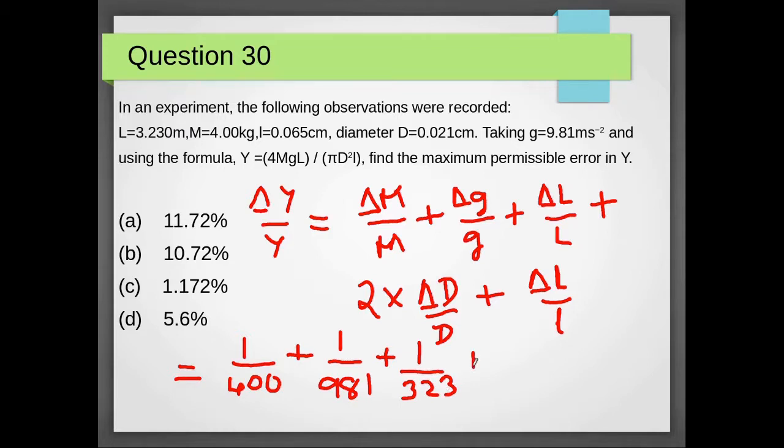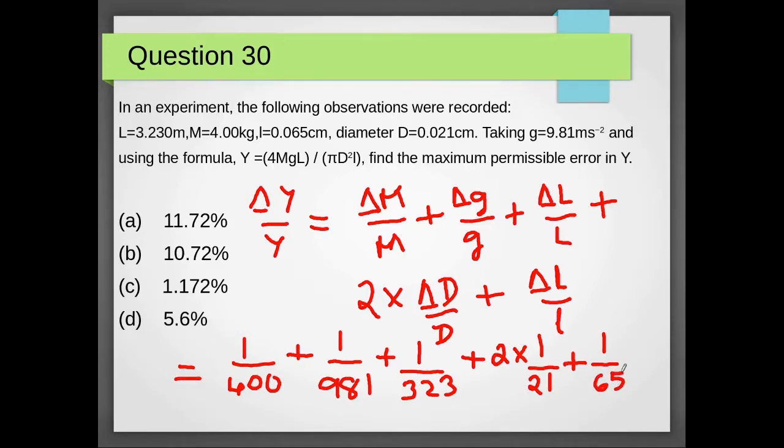Then I come to capital D. There the D value is given as 0.021 centimeters, so I multiply it with 1000, so I get the denominator as 21, plus the final value, which is small l, 0.065. Again I multiply the denominator by 1000, so I get 65.